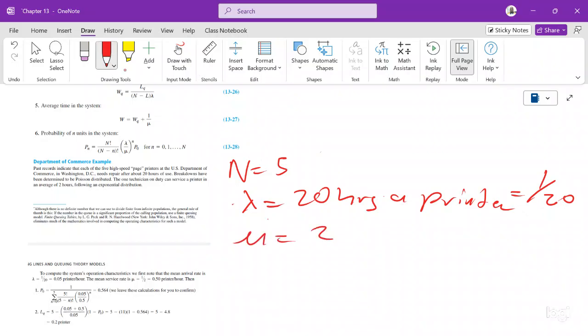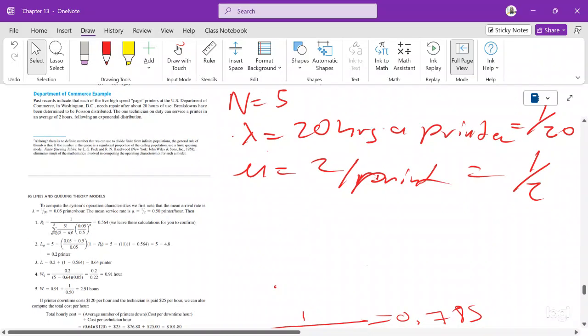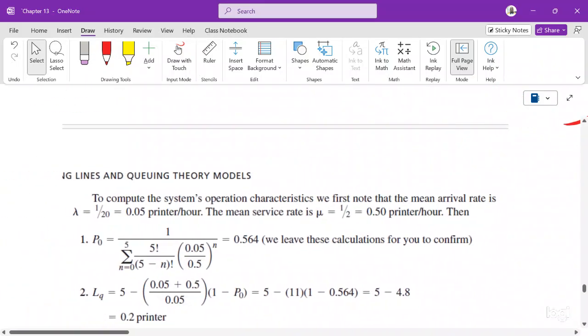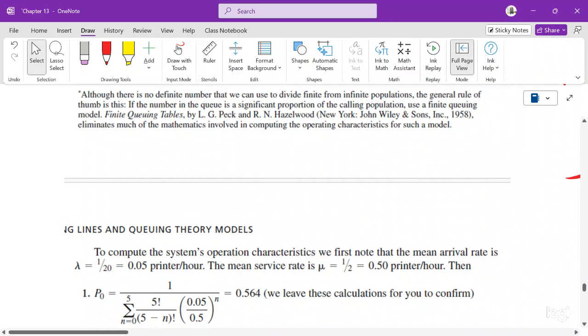Then you have n factorial over n minus small n factorial. Then you have this over that. We know that we're ending at 5, based on the n here. You must end at 5, starting at 0.